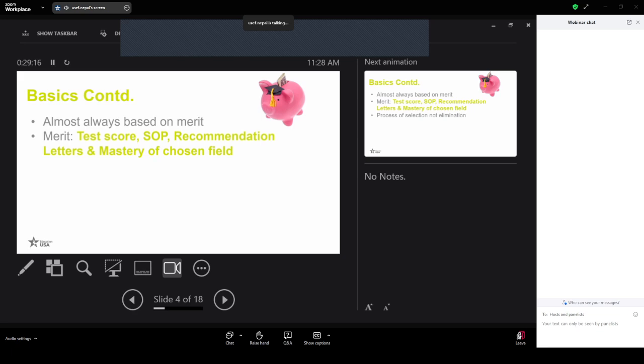Because if you've chosen a field and then you have the least marks in that, it might be questionable, like, okay, this student wants to study this, but why did this student not perform well in this particular subject when compared to the other subjects that you had taken, right? And then the GPA is also there.